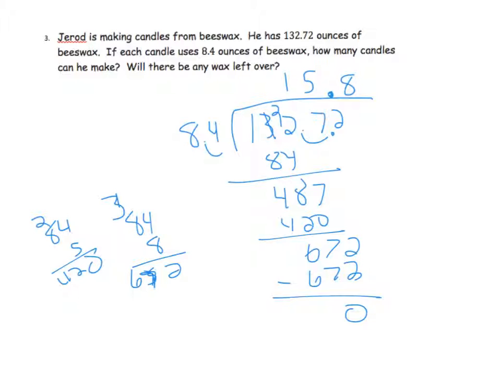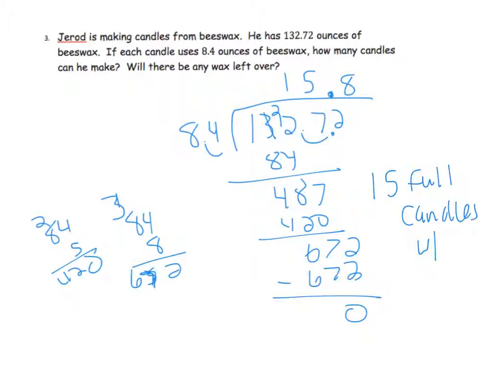How many times does 84 go into 672? It was 8. So, will there be any wax left over? If I did the problem correctly, no. And he can make, oh, so yes, there will be 8/10 left over. So he can make 15 full candles.